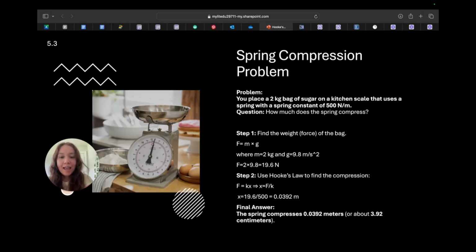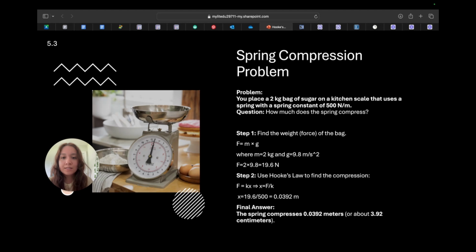Alrighty. And on this slide, we are solving the problem from section 4 using Hooke's law. So we're placing a 2 kilogram bag of sugar on a kitchen scale that works with a spring. The spring has a spring constant of 500 newtons per meter.